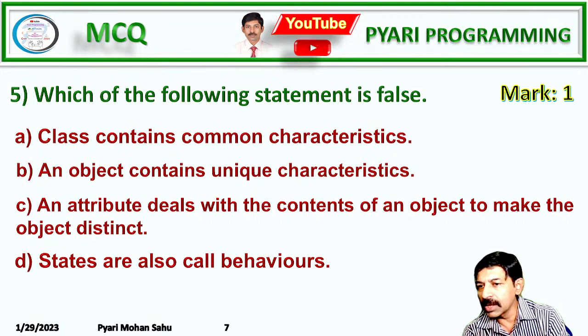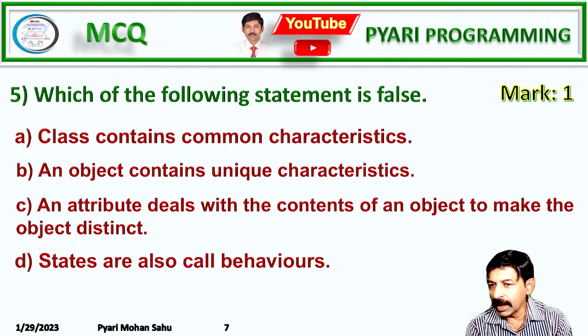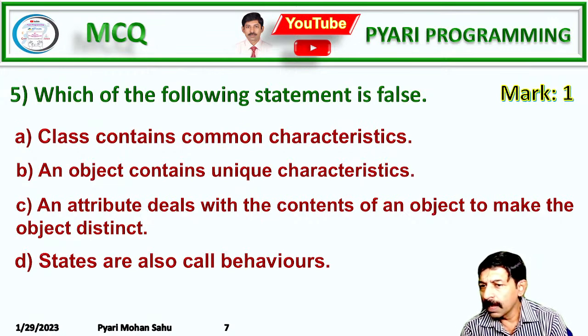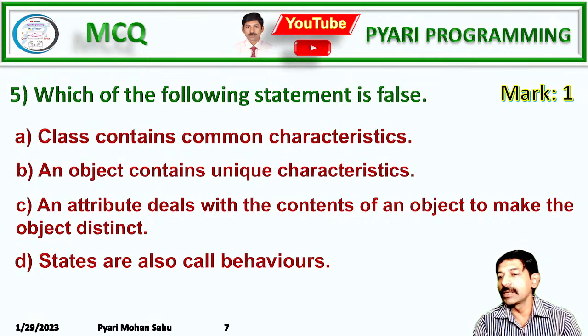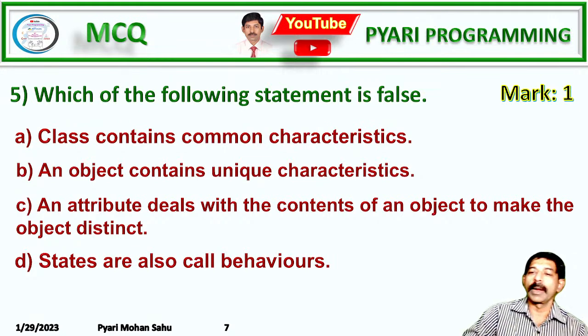Amrit Senapati, mixed expression. An expression contains both integer and real constant. What is that called? Integer and real. No, it is not like that, beta.